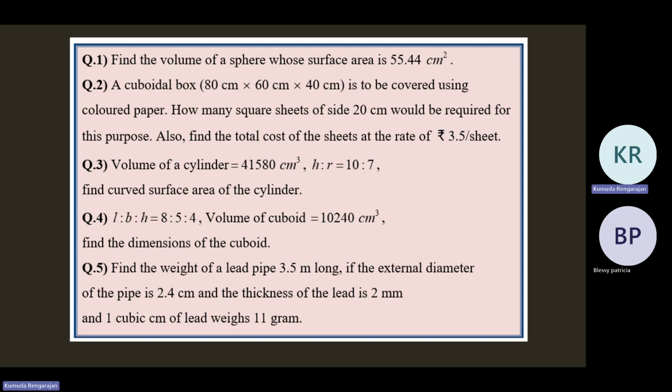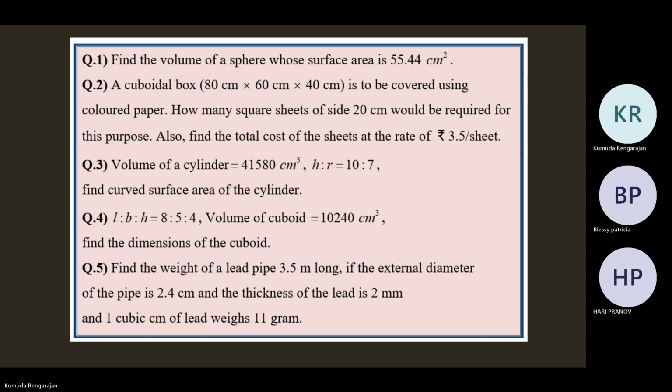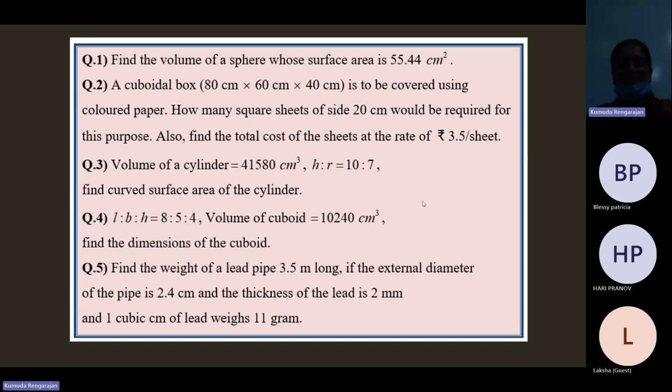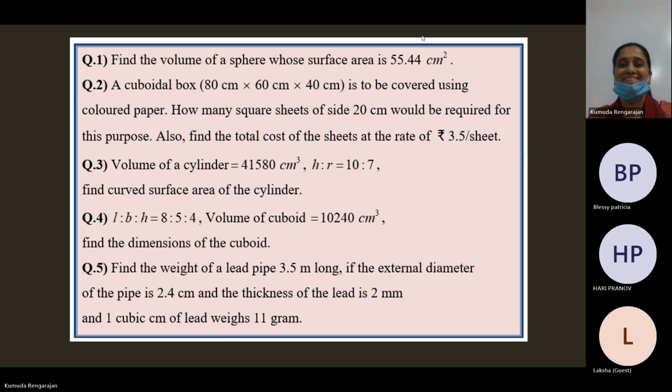Is she right? Not because she's your friend. She's right. What's the formula? Repeat, Preno. Four by 3 pi r cubed cubic units. Okay, all right. Please work the first one.